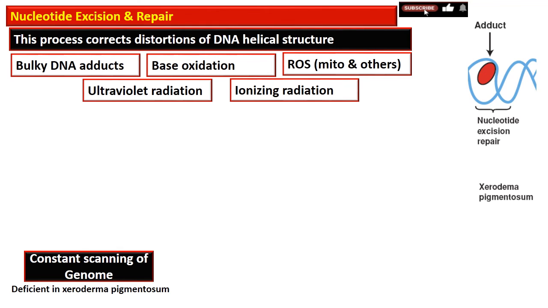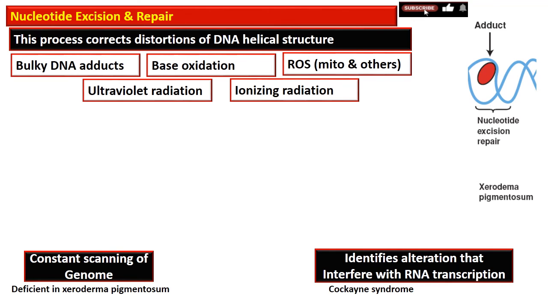This system repairs the DNA by two mechanisms. One is that it constantly scans the genome. This mechanism is inherently deficient in xeroderma pigmentosum, while the other mechanism is the identification of alterations that interfere with RNA transcription, and this is defective in Cockayne syndrome, which is also an inherited condition.